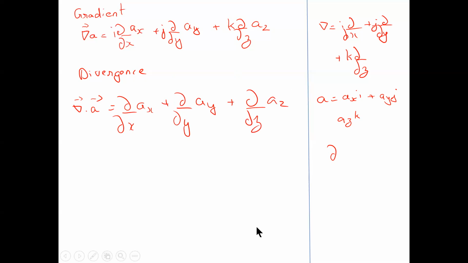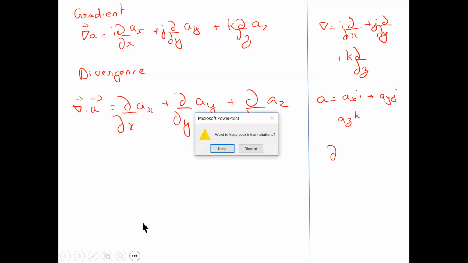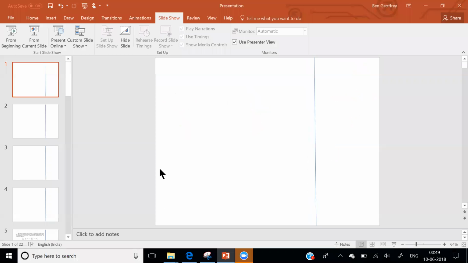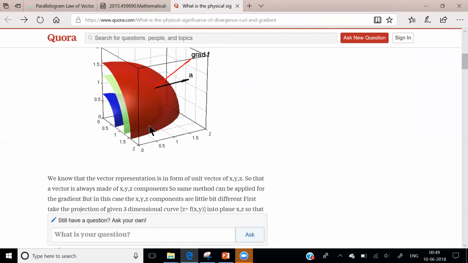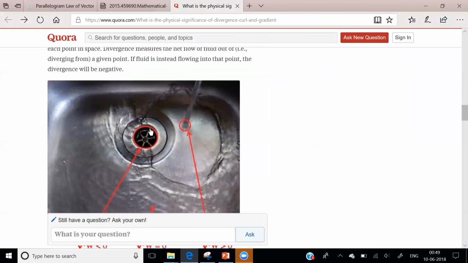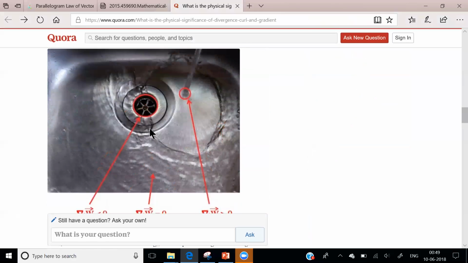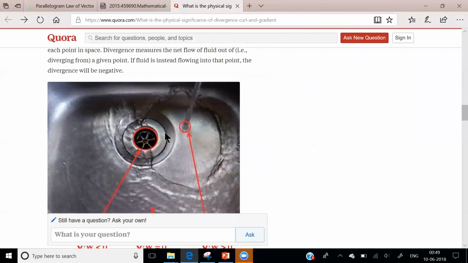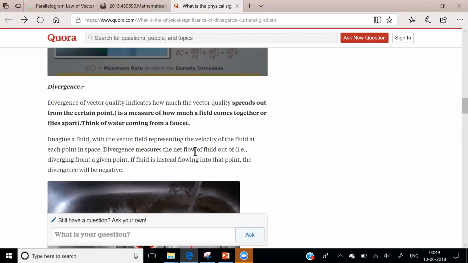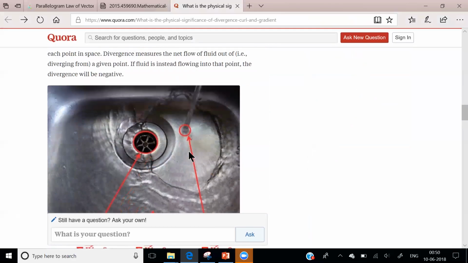So what is the physical meaning of divergence? We said the gradient is the multi-dimensional rate of change. Divergence is generally spoken about where there is a flow involved. We're talking about a flow field, and this quantity A is the flow field.